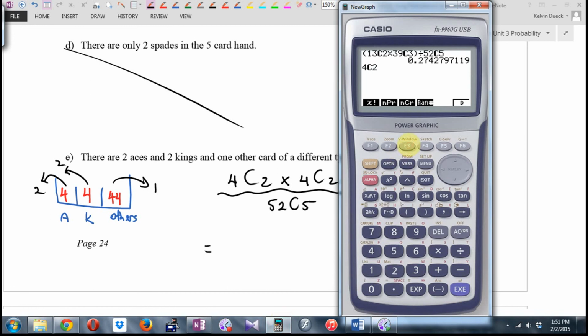I'll leave it as a decimal. Do you get 6.09 times 10 to the negative 4, 0.000609? Or as a fraction, for those of you that can, 33 over 54,145. It's a pretty good hand.